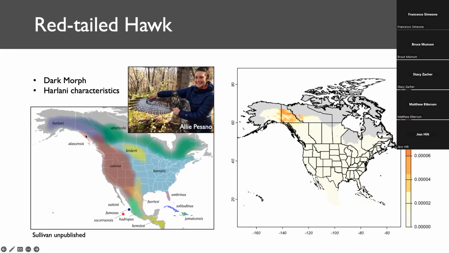So this acted as almost a positive control, and is a cool result to get. The other individual that was also dark morph had a high probability of being not quite as far up as this individual, but still up in Western Northern Canada.